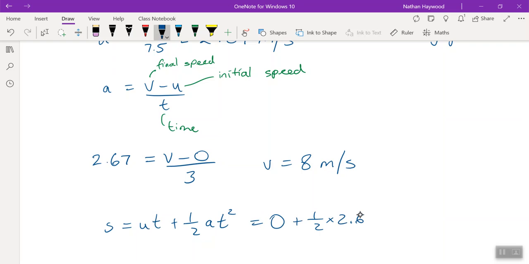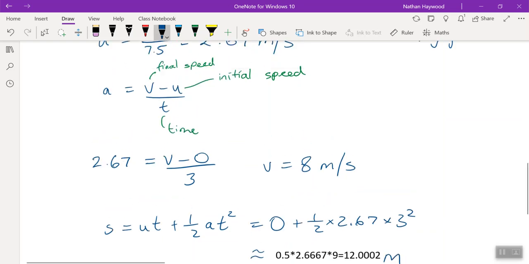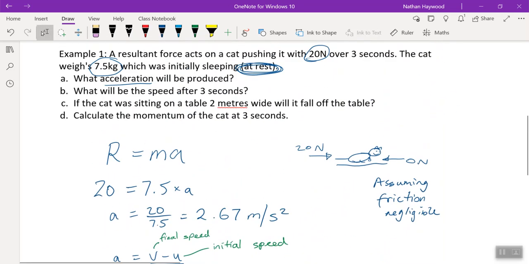We know the acceleration and we know time. Anyway, we definitely know, if you just look at this basically, it's definitely going to leave the 2 meter wide table. Assuming it's in the middle of the table, it's going to be more than 1 meter.